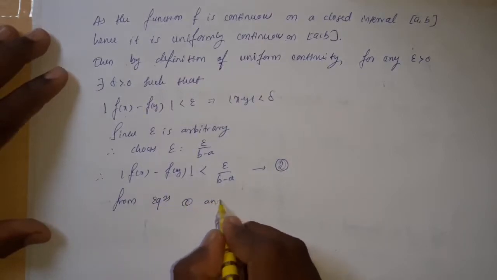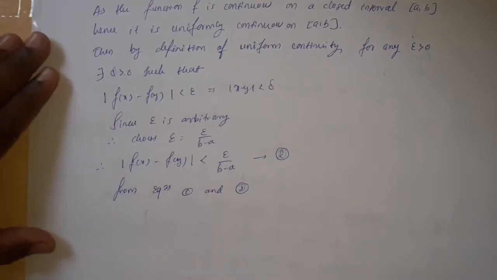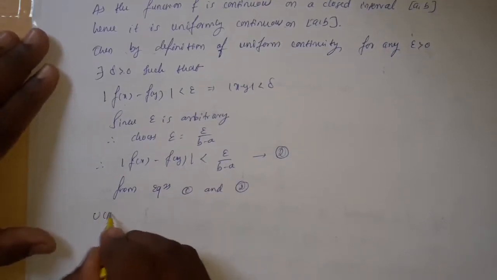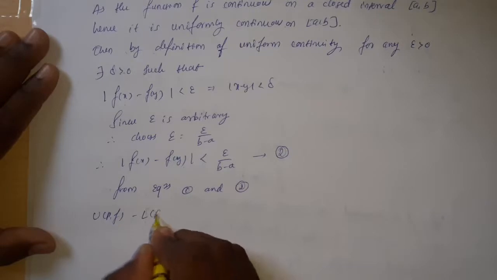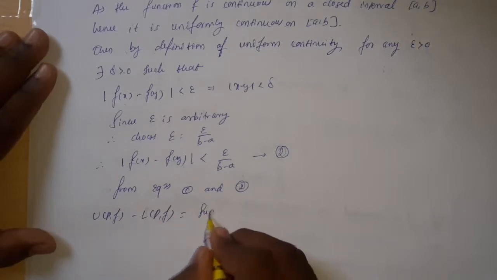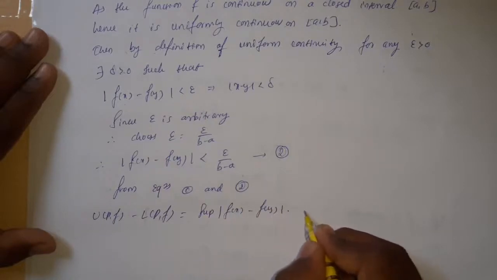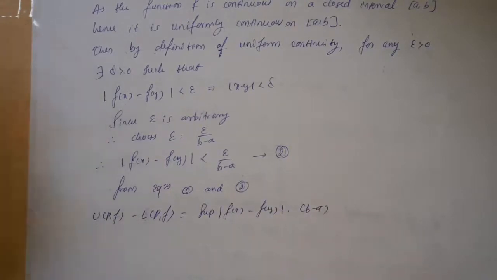Now from equations 1 and 2, the equation 1 is UPF minus LPF equal to supremum of |f(x) - f(y)| into (b minus a).